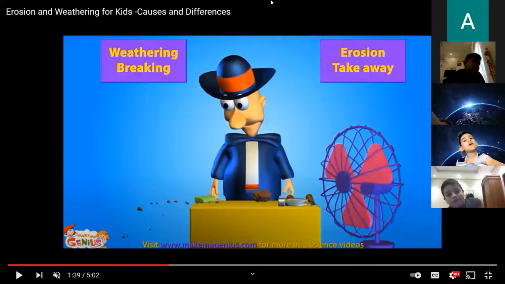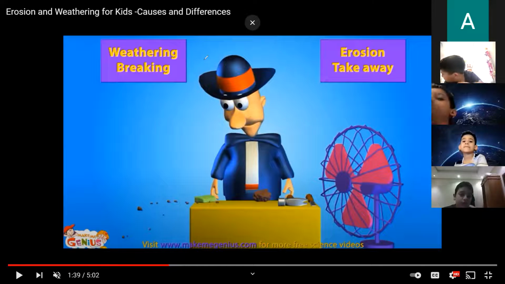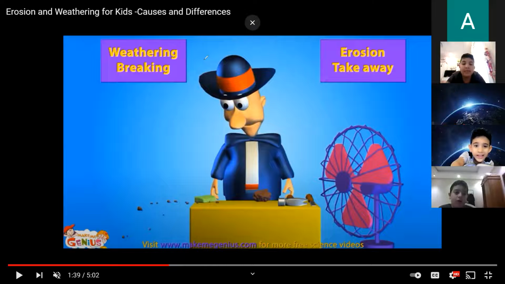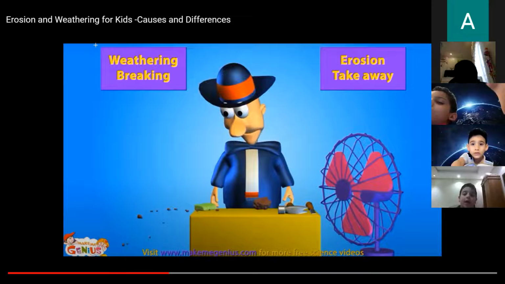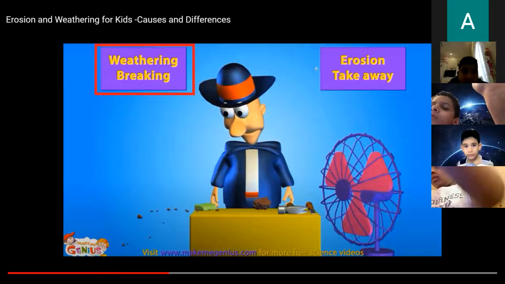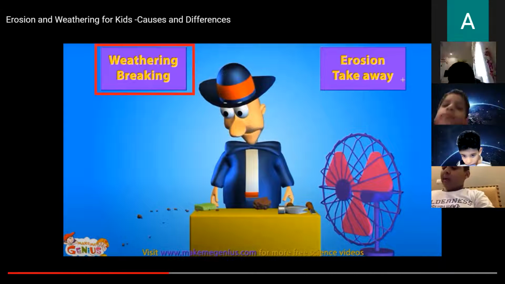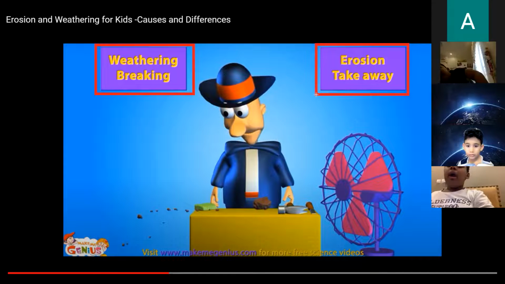So what are the key words to our lesson today? The key words are weathering, breaking, and erosion, taking away. Very good. So weathering means breaking, and erosion means to take away these pieces of rocks.